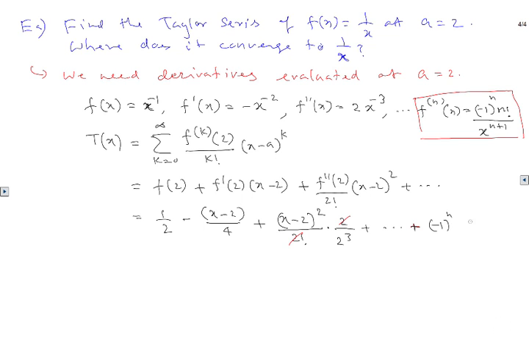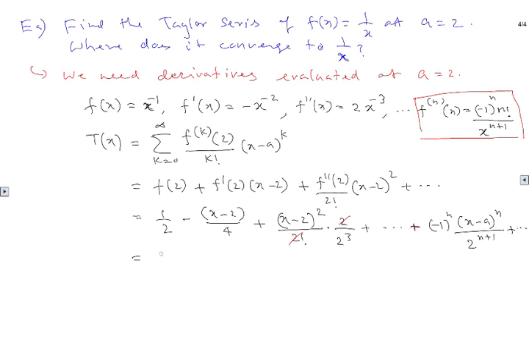So you're going to get x minus a to the n, divided by 2 to the n plus 1, because the factorial gets cancelled like that. So that is the general term. So you can write a few terms like that. So that is the Taylor series for that.